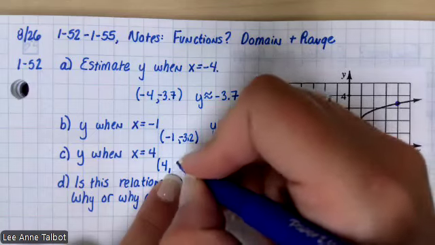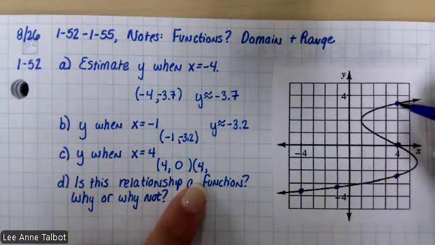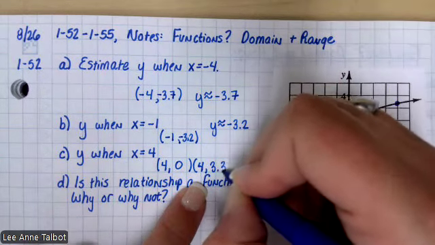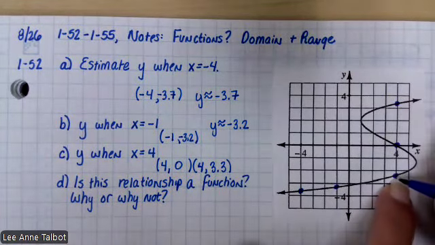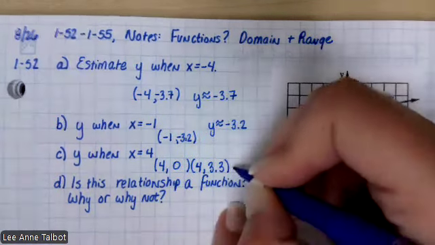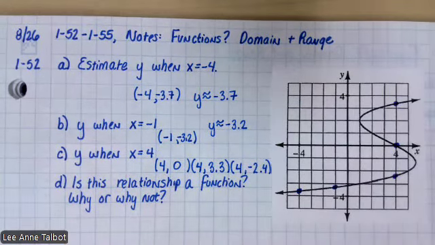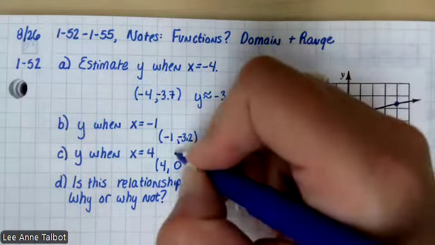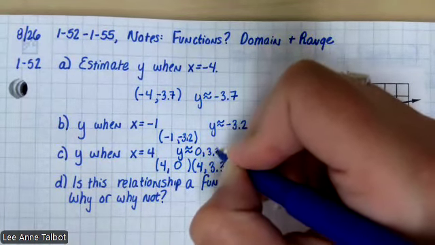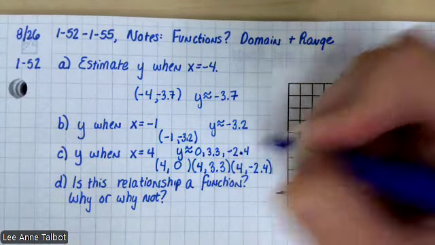So I have 4, 0, 4, 3.3, and 4, -2.4. What do you think? Okay, so y is about 0, 3.3, and -2.4.